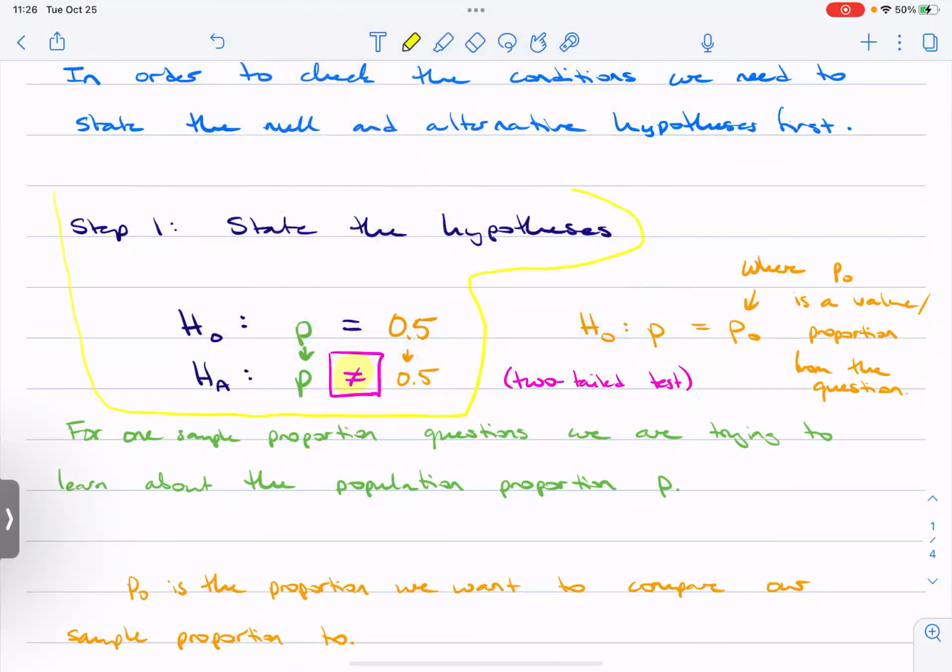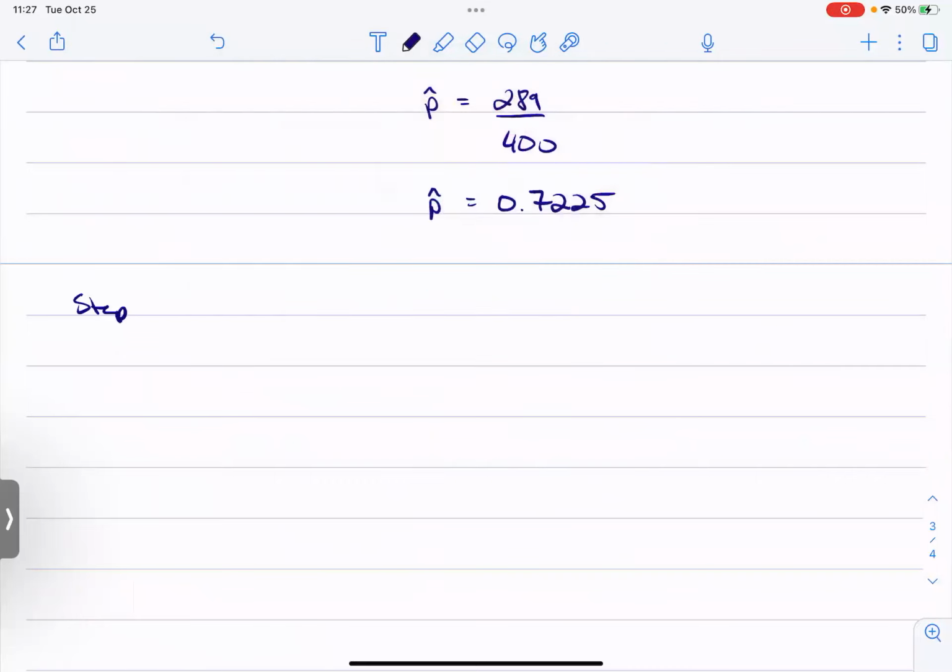Okay, so there's a lot of kind of ins and outs going on here. And you have to check the conditions at some point. Okay. But that's really all there is. And then now step 2.